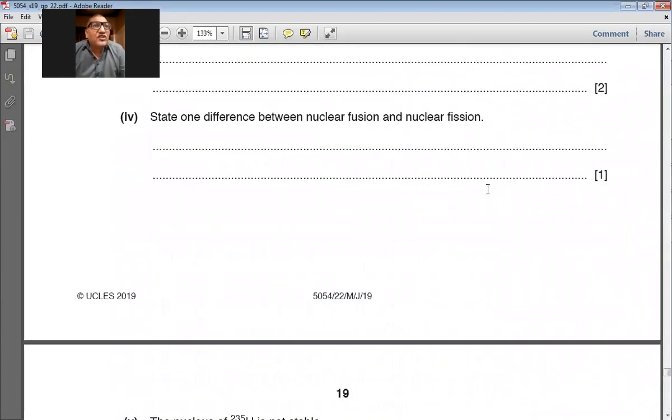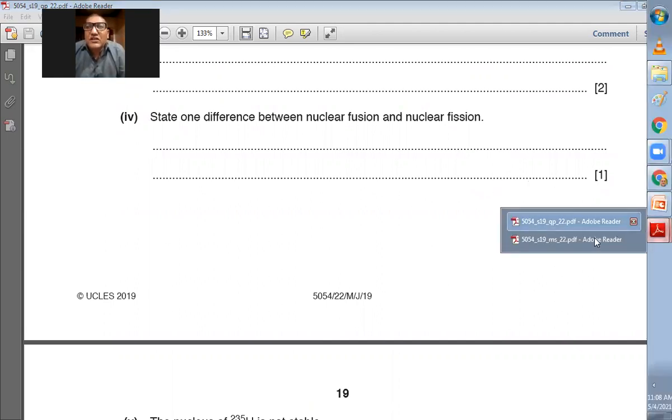He says, state one difference between nuclear fusion and nuclear fission. In the nuclear fusion, you see smaller nuclei, they fuse into each other and they make a larger nucleus. Whereas in the nuclear fission, a larger nucleus is broken and smaller nuclei are formed. So this is the main difference between the nuclear fission and nuclear fusion.